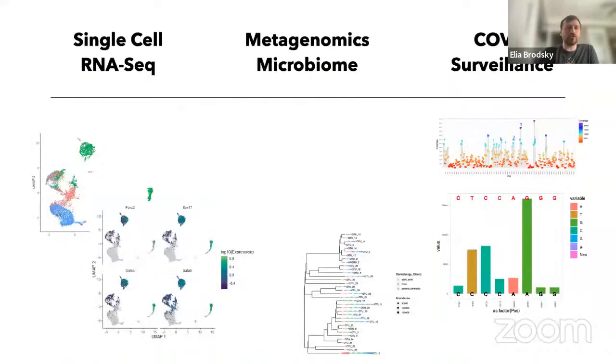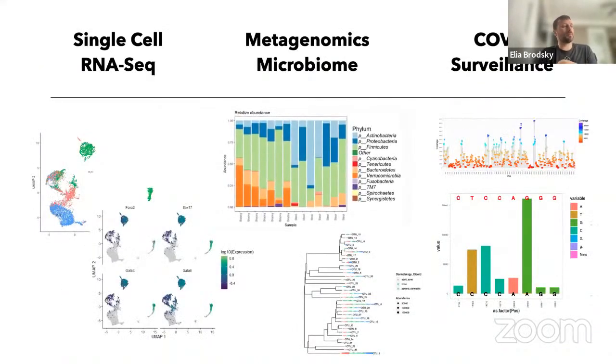And so what I wanted to do today is briefly speak about 3 applications in metagenomics, single-cell RNA-Seq, and COVID surveillance, because some of these have really been seeing a major interest from a community of different researchers. And so I want to talk about some of the challenges and opportunities in these types of applications so that you can appreciate how and why it's important to learn some of these tools and methods.